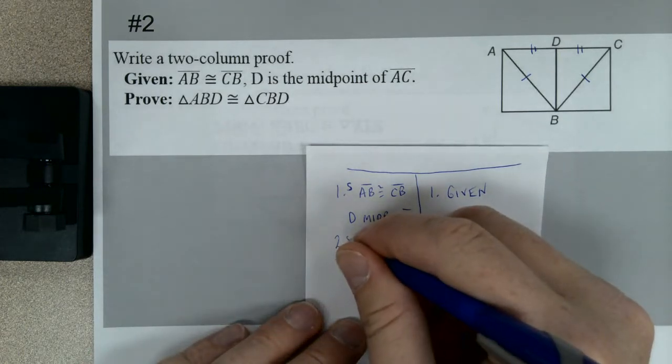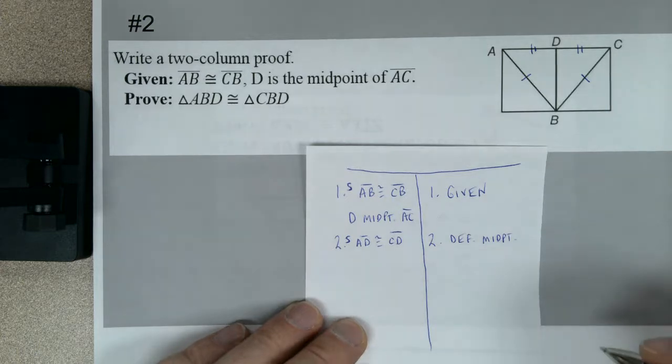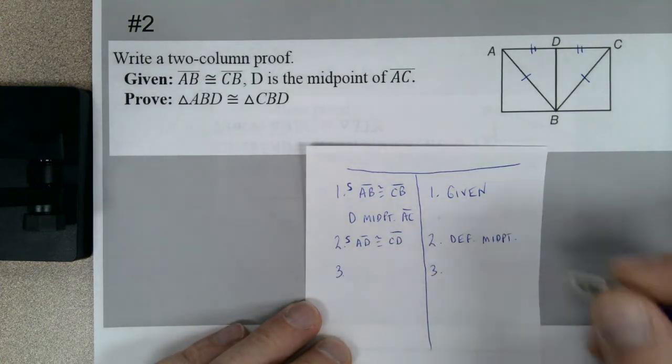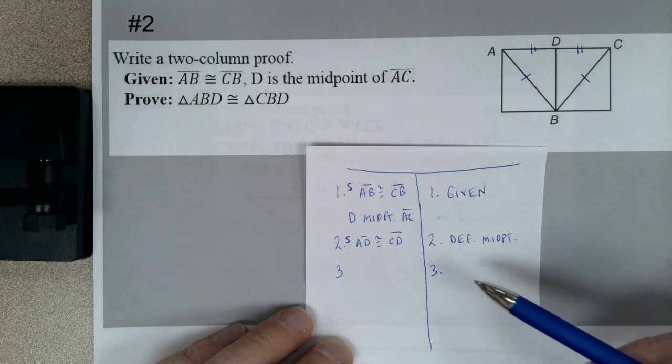That gives me another pair of sides. So I'm going to put a little S next to that statement. Now at this point, we either need another pair of sides or we need a pair of angles.